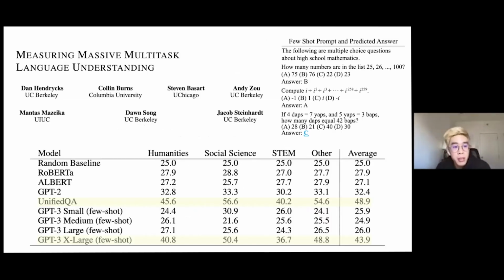Another more recent example is this benchmark from UC Berkeley, that I have the paper here, and the idea is still the same: can we map a lot of tasks into this text-to-text format? Here they focus on language understanding.